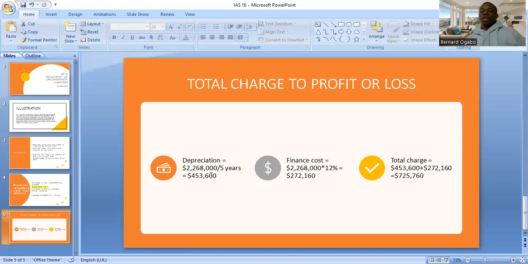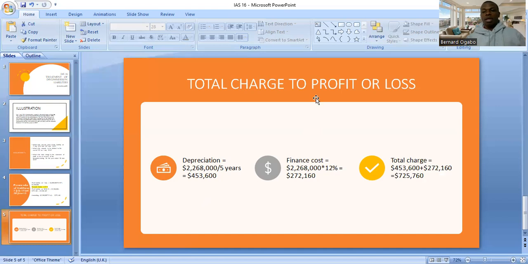And take note, if you were asked for the total depreciation charge and there were other components of PPE, let's say the subsisting amount of PPE was 10 million, you now need to add 10 million to 2,268,000, then you depreciate the whole amount over the lifespan of the exploration process, and that will give us the depreciation chargeable to profit or loss.